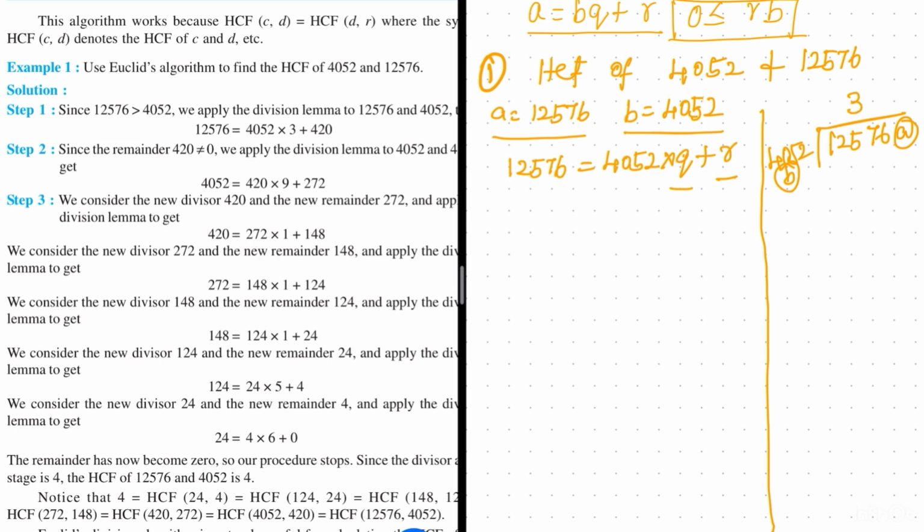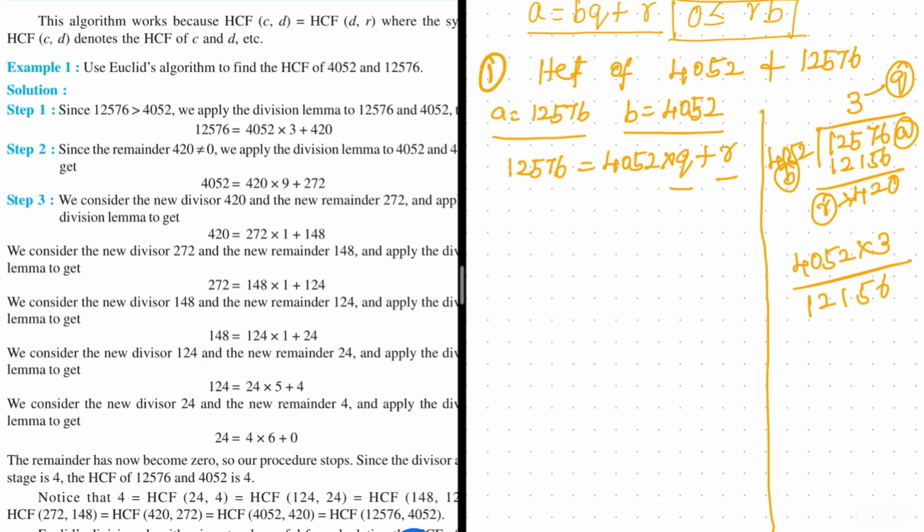When we calculate 4052 into 3, it will be 6, 15, carry 1, so 1, 12. So 12156, and the remainder is 420. So this is Q and this is R.